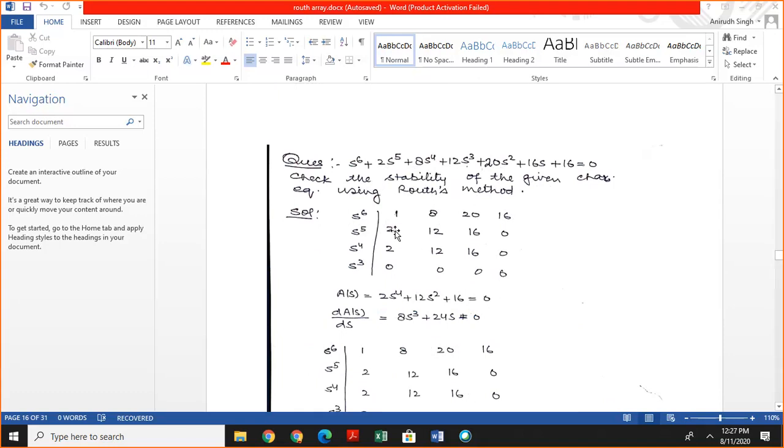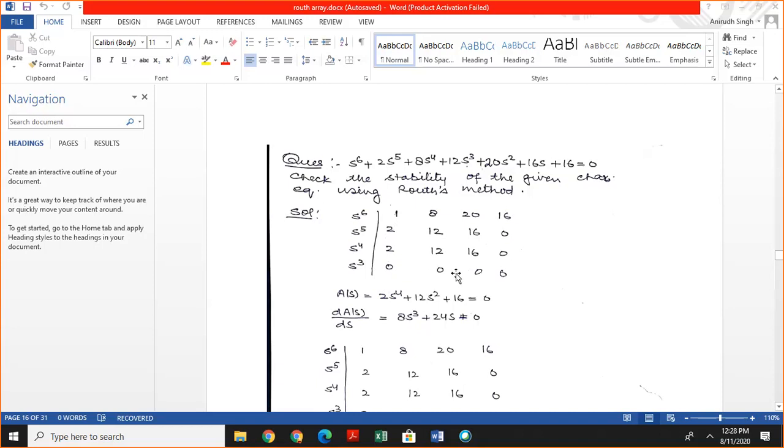Similarly, this coefficient is calculated 2 multiplied by 16 minus 1 multiplied by 0 divided by 2, which is 16. Then s raised to power 3, this row 2 multiplied by 12 minus 2 multiplied by 12, 0, 2 multiplied by 16 minus 2 multiplied by 16, 0, and next is also 0.